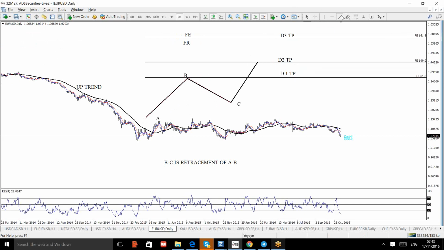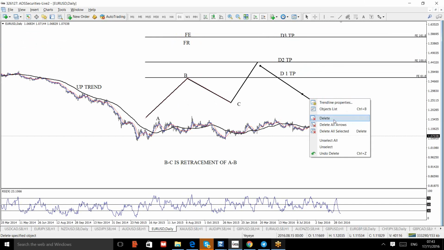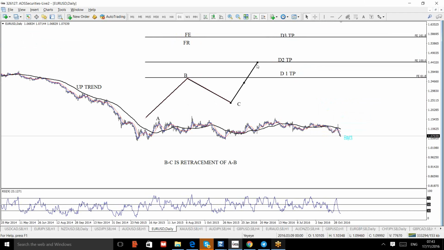The market will move away from there. Make sense, guys? Say yes if you understand. And the third possibility is the market likes to take profit at a maximum of 161.8 Fibonacci, guys. The market will take the price to that level, and that is where the profit taking will take place. Does everybody understand? So these are the three possibilities.